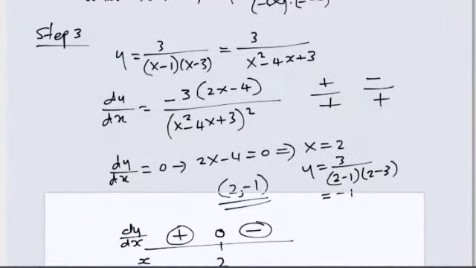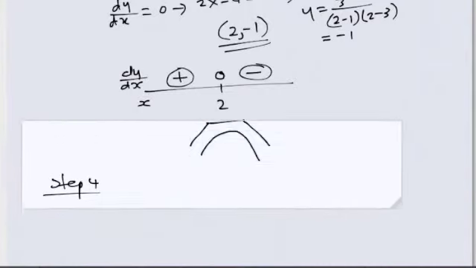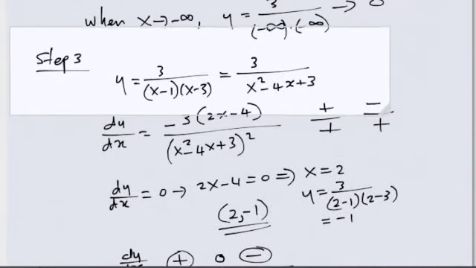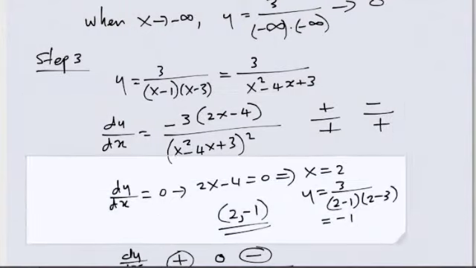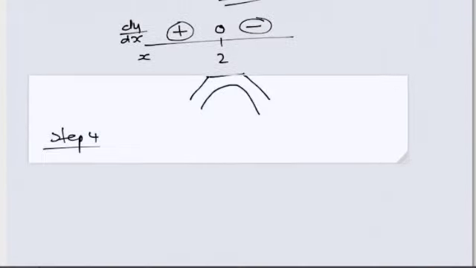Now step 4. In fact we exchanged step 3 and 4, but that doesn't matter. We need to find the asymptotes of the curve.